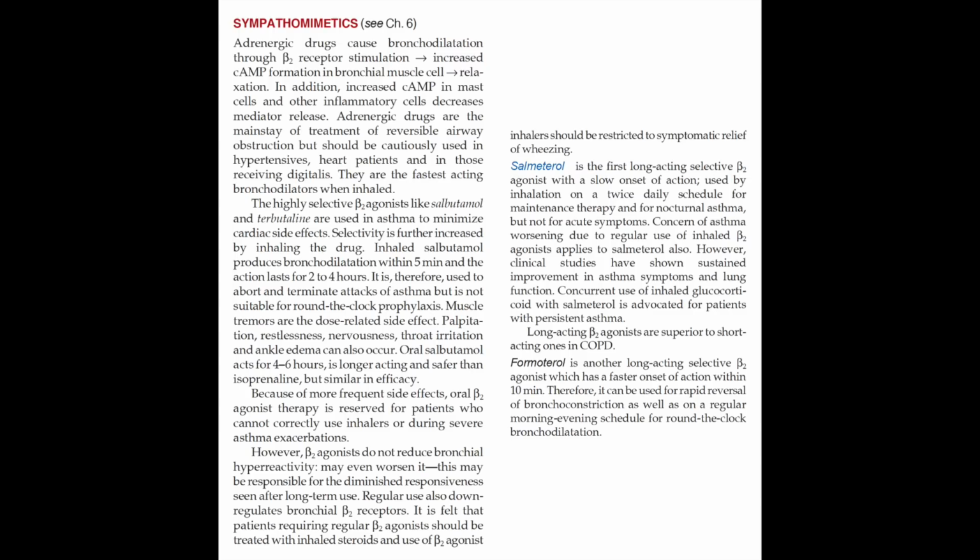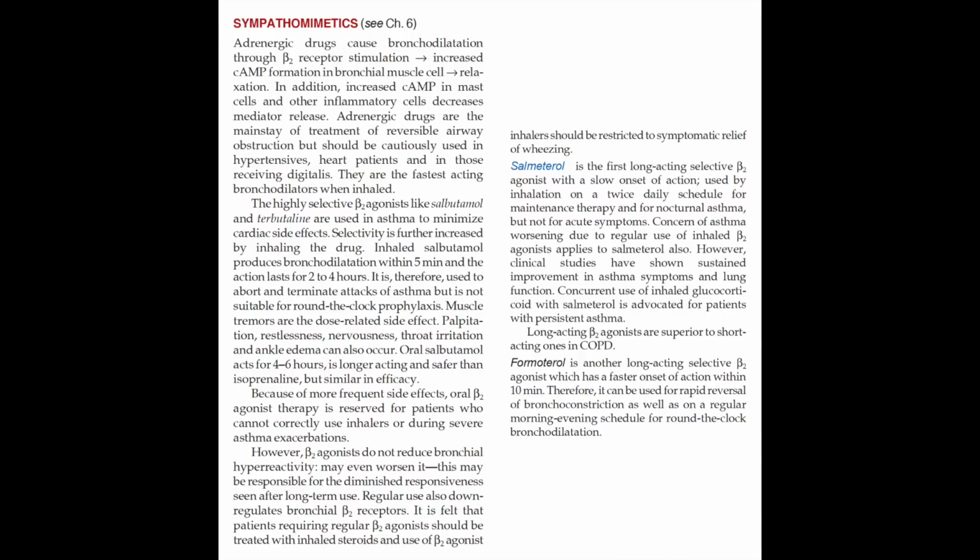As I mentioned, short-acting inhaled beta-2 agonists like salbutamol and salmeterol are used. Among these, salbutamol is comparatively better based on the information given. These beta-2 agonists are the fastest acting bronchodilators when inhaled. Salmeterol is the first long-acting selective beta-2 agonist with a slower onset of action, so obviously we can rule out salmeterol.